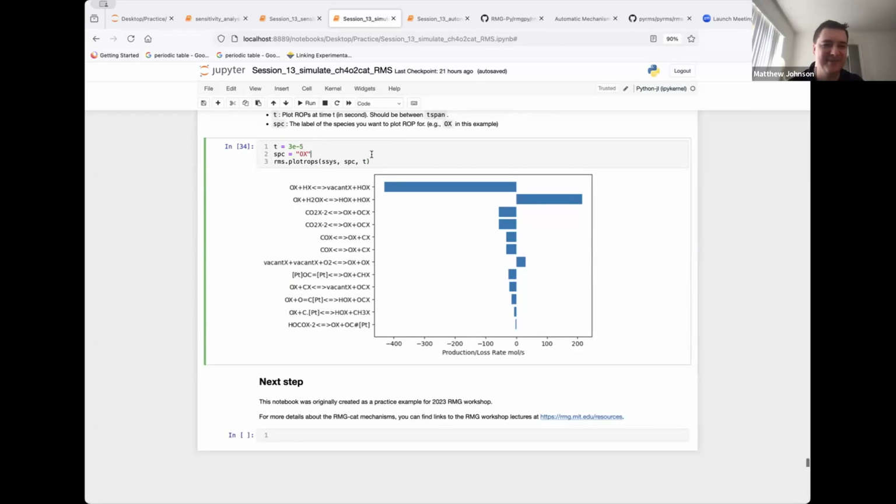PyRMS is a pretty good wrapper, but I think we've made some changes in how RMG interfaces with it, which is probably why you guys are having trouble running the examples. Also, the errors are a little bit easier to read. If you get an error message through the Python wrapper, it's not quite as easy to deal with as the direct Julia error if something goes wrong.